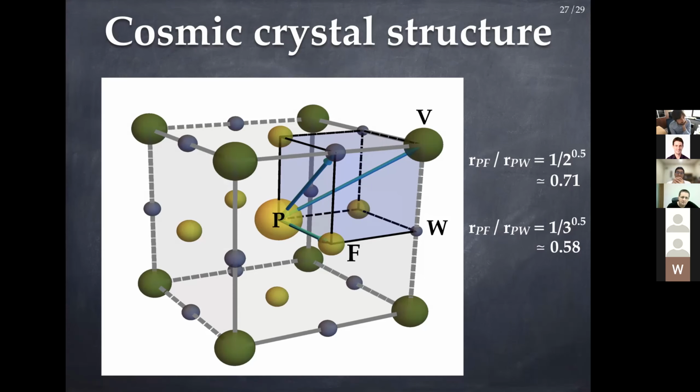So peaks cannot directly meet walls or voids, and so on. Combining all these constraints, we ended up with this cubic structure. But it's hard to tell if this is the only unique solution to incorporate these distance ratios.